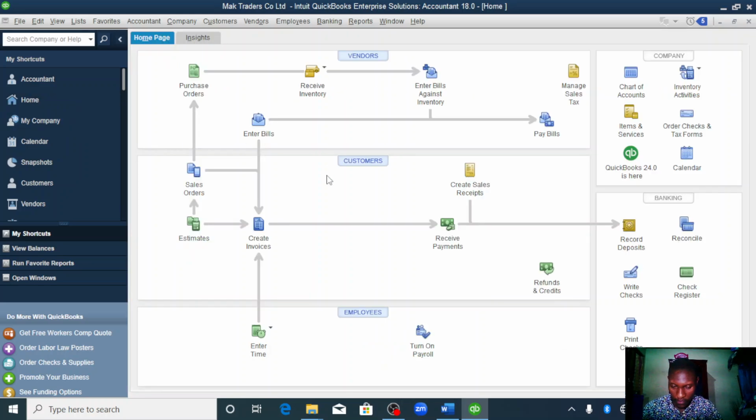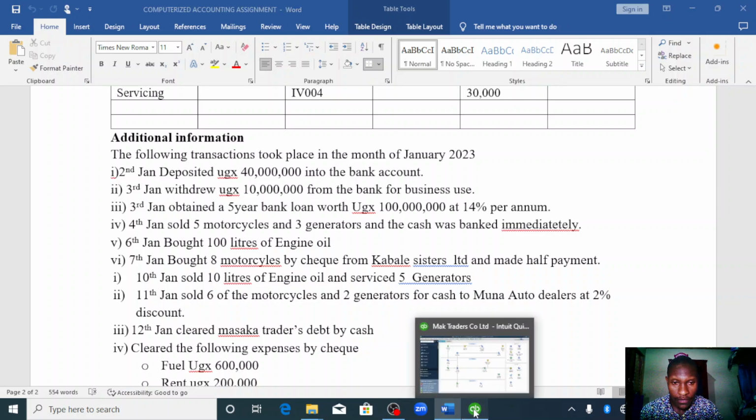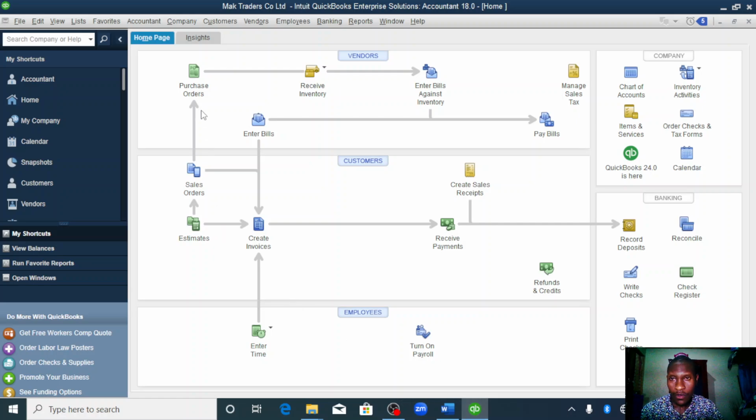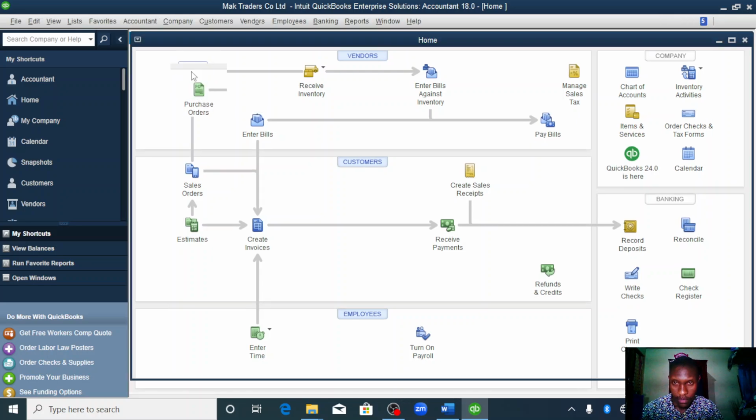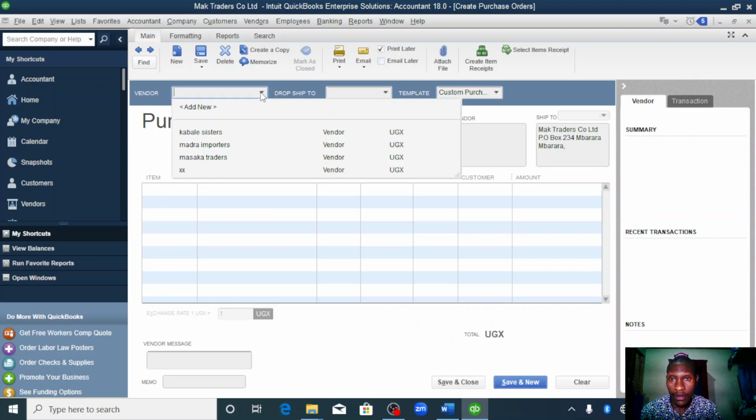We go to another transaction, which is on 7th. They are saying bought 8 motorcycles by check from Cavalry Sisters Limited. So we open our purchase order. So our vendor, we are not having Cavalry Sisters Limited because we are having only Cavalry Sisters.